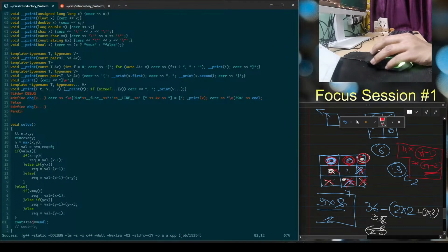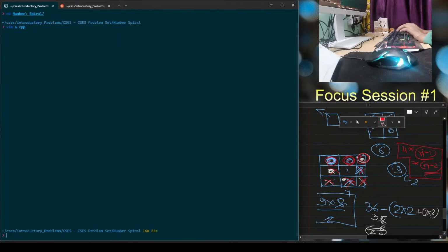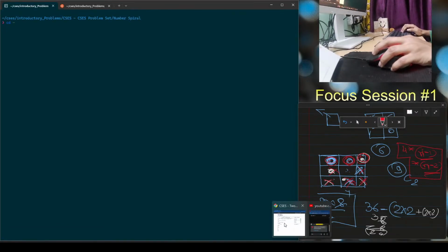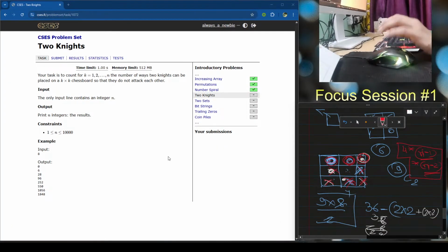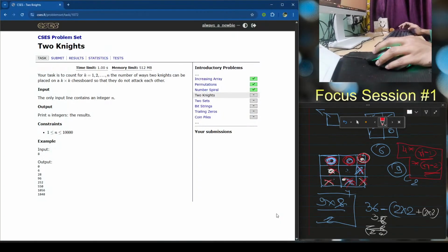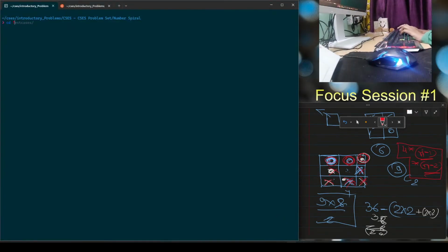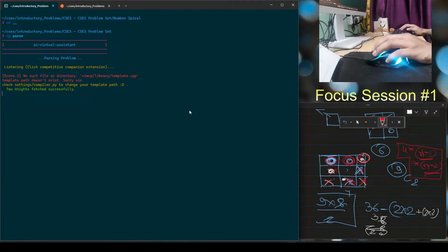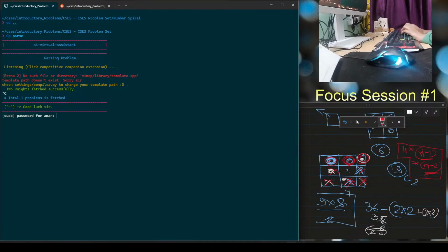Let's just try to see if I'm right or not. Let's clear this up. What is the problem name? Two knights. Okay, I haven't even passed the problem yet.